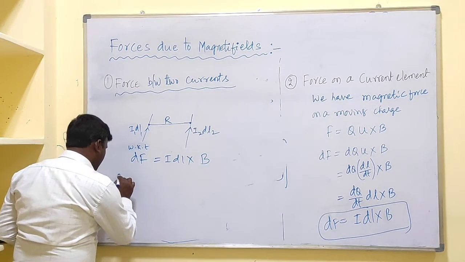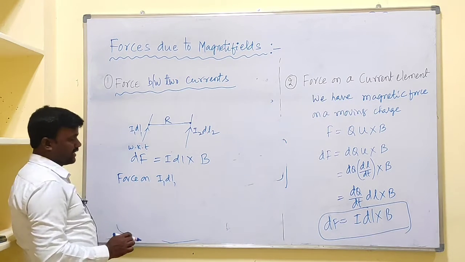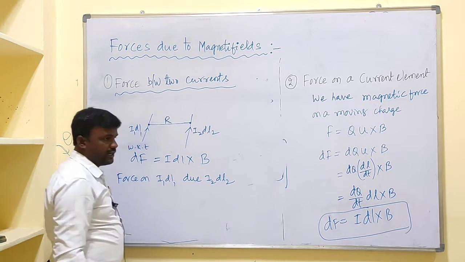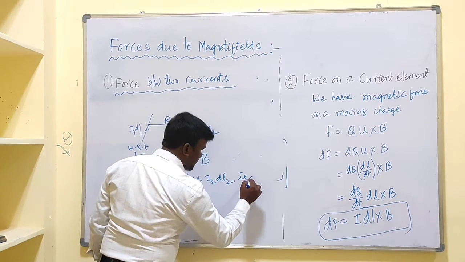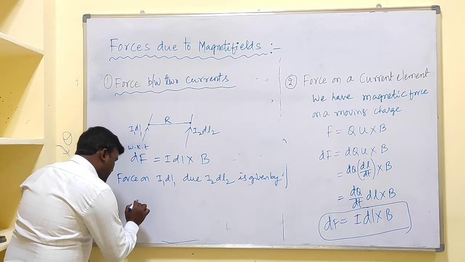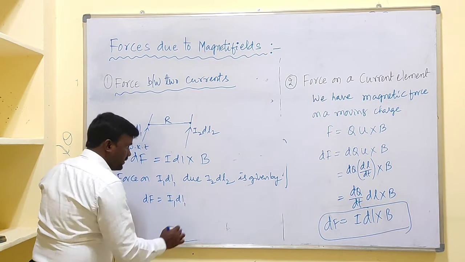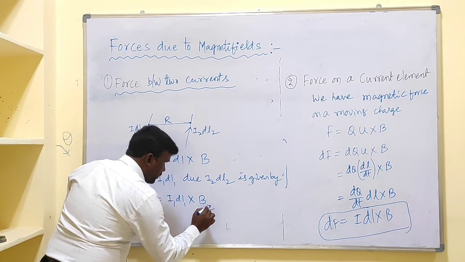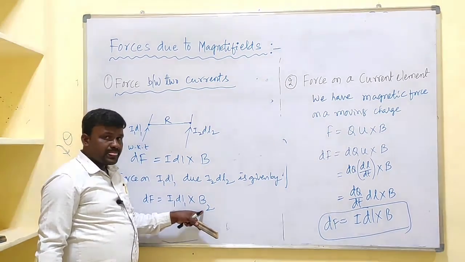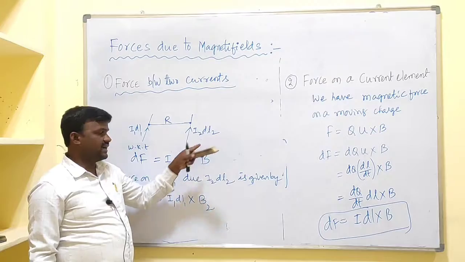The force on the first current element I1 dl1, due to I2 dl2, is given by dF equals I1 dl1 cross B2. What is B2? B2 is the magnetic flux density produced by the second current element.